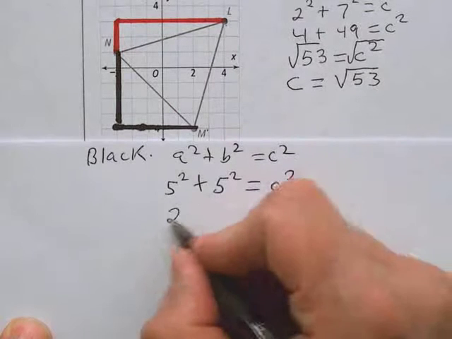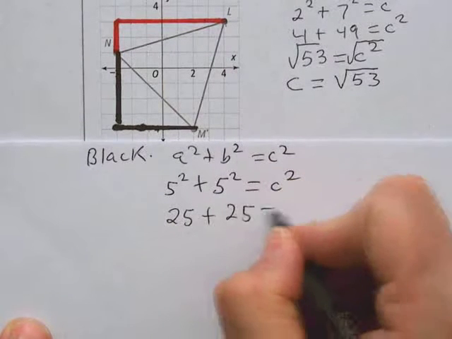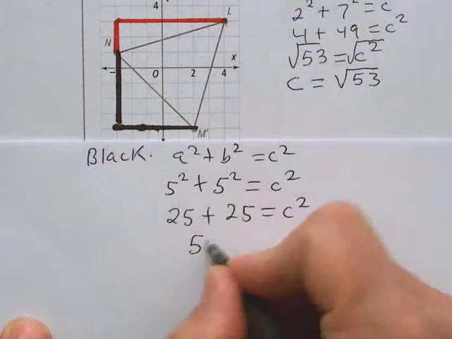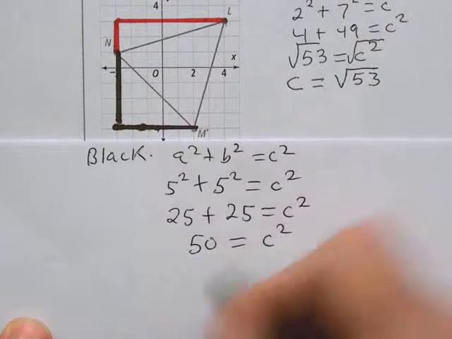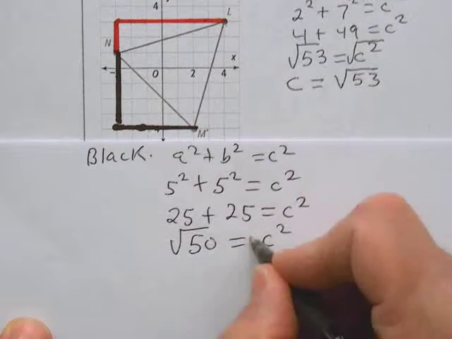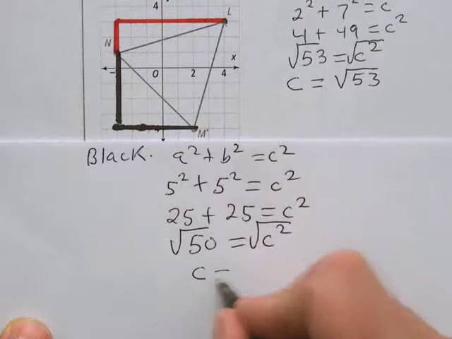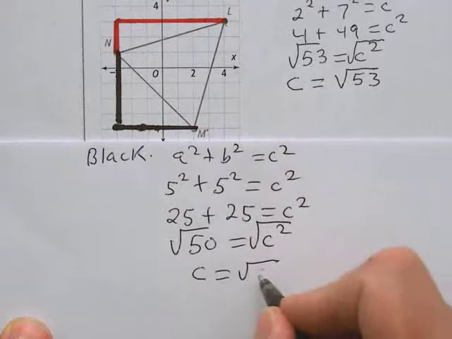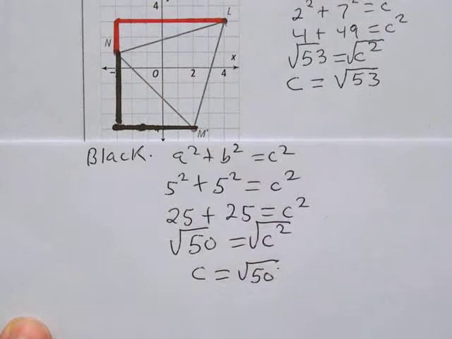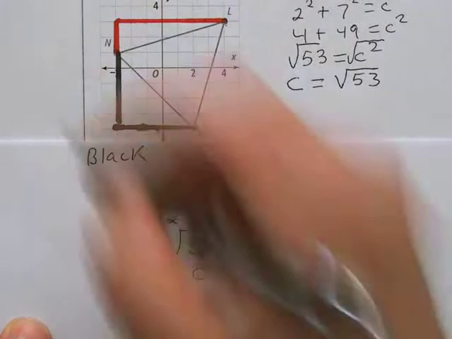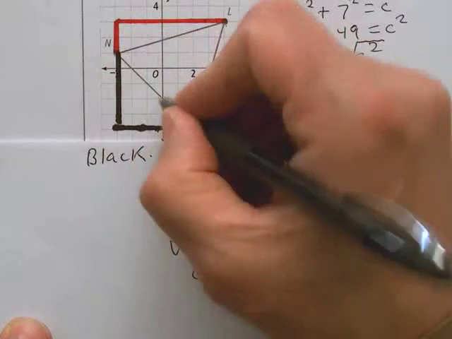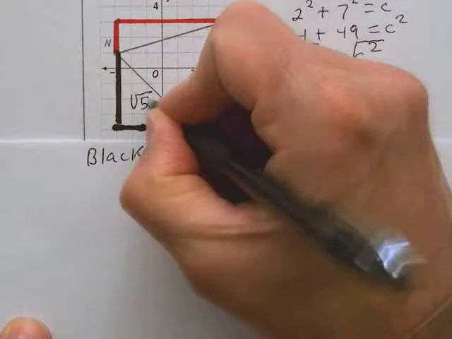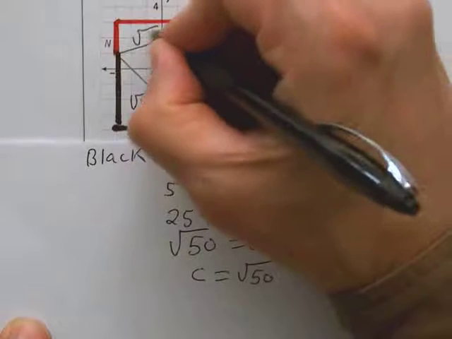And this would, of course, be 25 plus 25 equals c squared. 50 equals c squared, and taking the square root of both, I'm going to leave this as an irrational. C equals the square root of 50. Okay, so thus far, I know that this side of this triangle is the square root of 50. This one is the square root of 53.